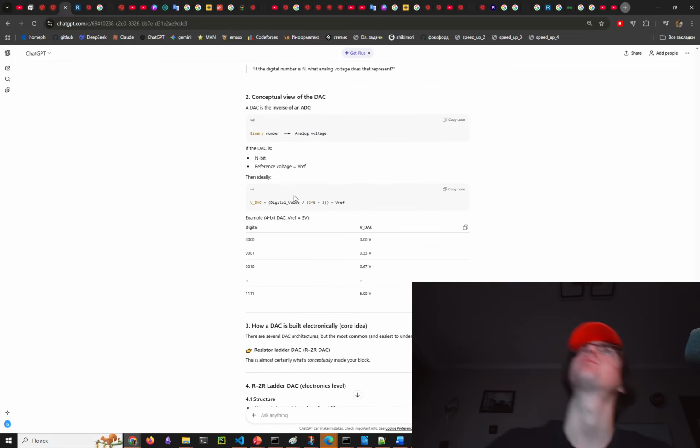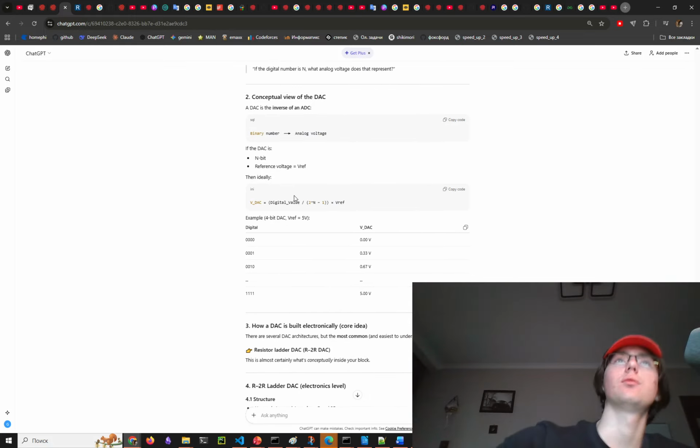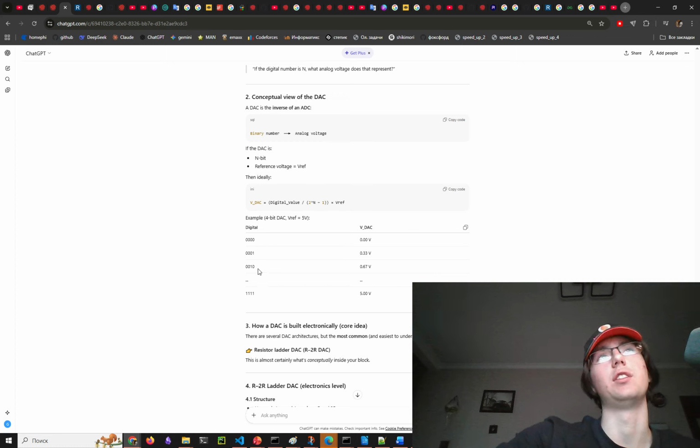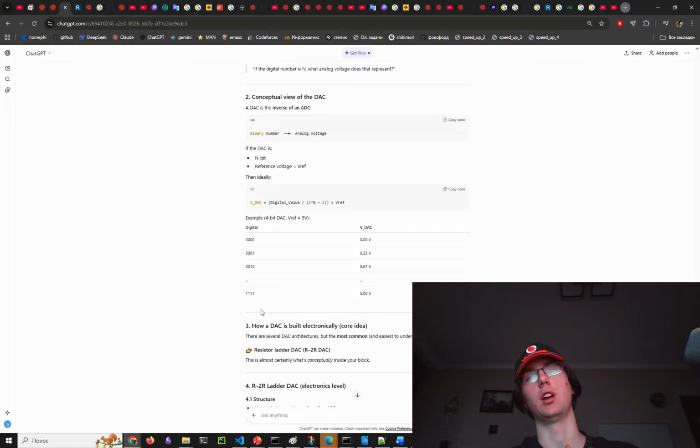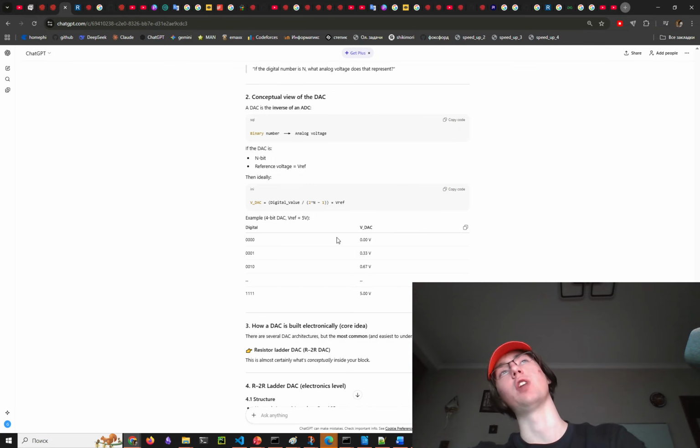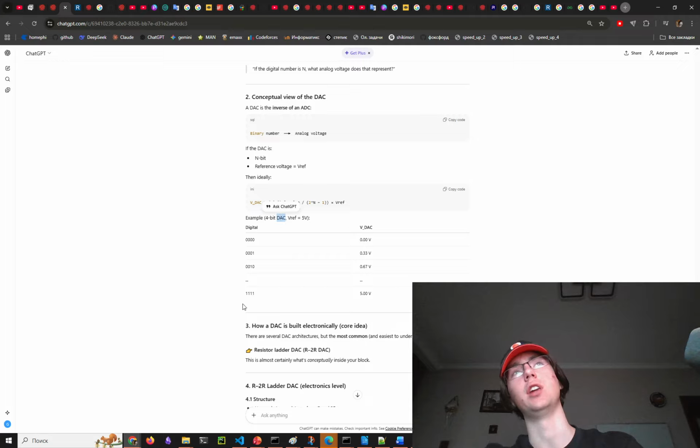Well, okay, say we have a 4-bit DAC. Oh, I got it. So V reference is basically the maximum voltage that can be output from the DAC. And this is basically the percentage.